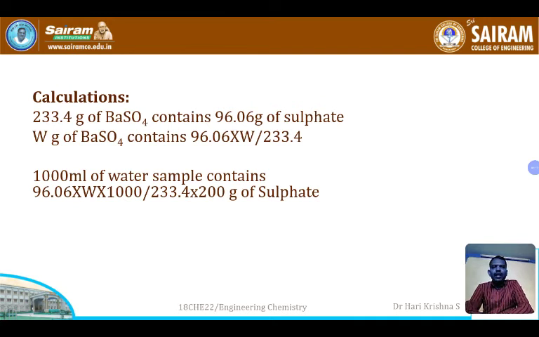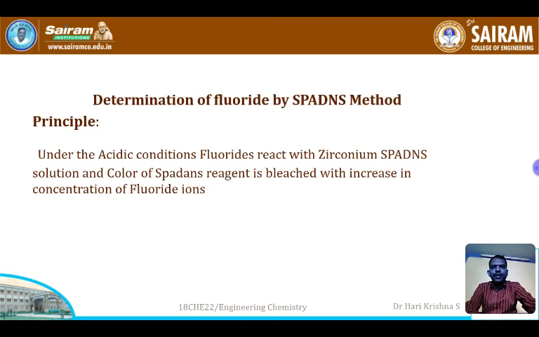Let us see how fluoride is determined. Fluoride is determined using SPADNS reagent by colorimetric method. The main principle used here is, under acidic conditions, fluoride reacts with Zirconium SPADNS reagent solution, and the color of the SPADNS reagent will be bleached.